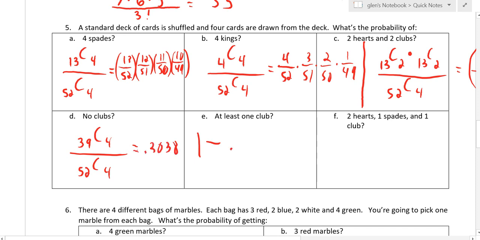Cool? And for the multiplication, you just use 39. So it's 0.696.